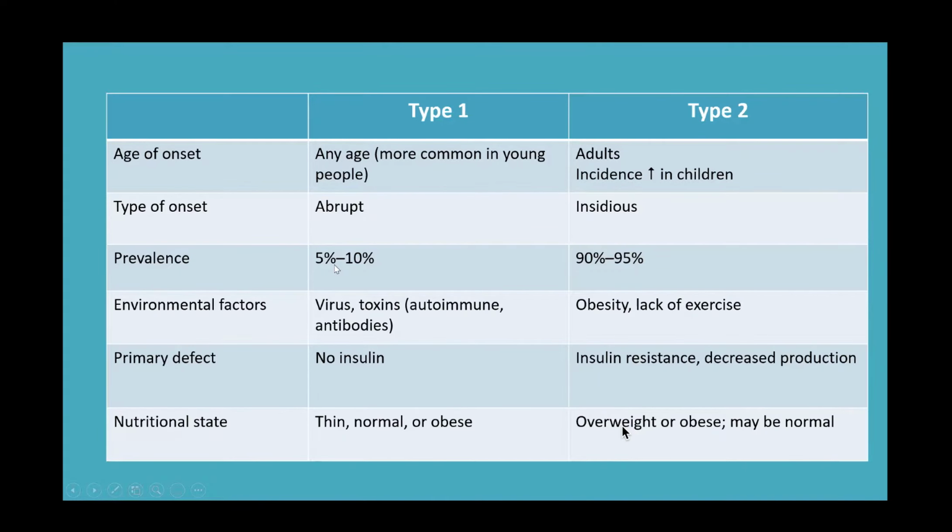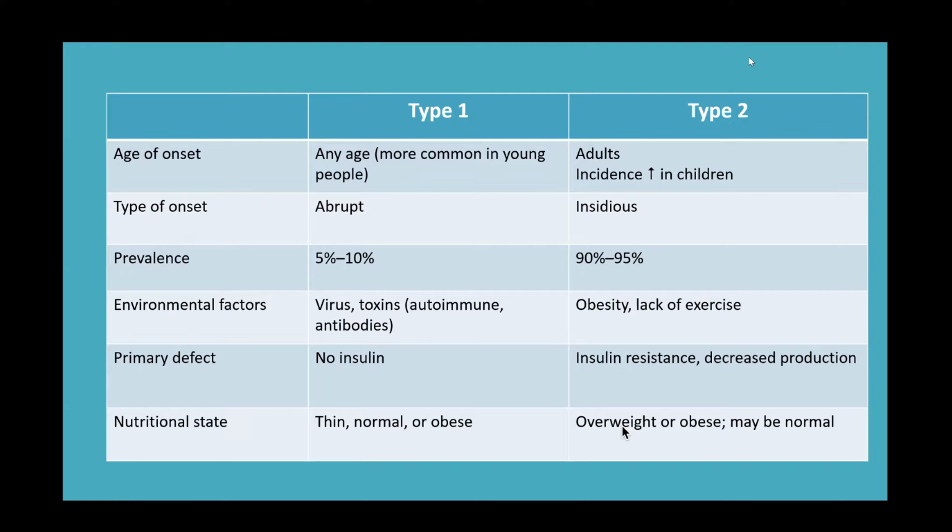So again, we're going to focus on type 1 and type 2. In this course, you've talked about things like steroid use in pharmacology. You'll talk about diabetes insipidus when you get to Adult 2, and gestational diabetes will be discussed specifically in family health.